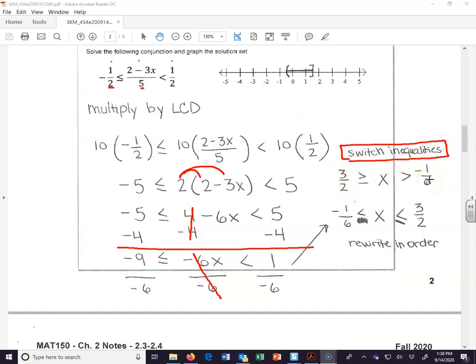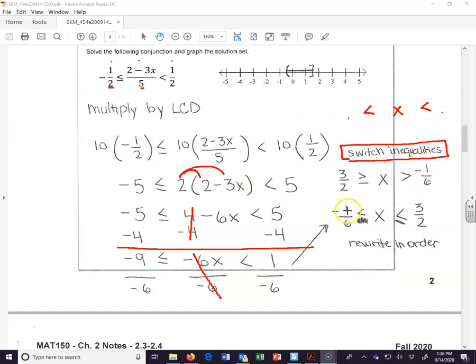But typically, we want our inequalities to get bigger from left to right. So we want a smaller number on this side and a bigger number on this side. So we're just turning this whole thing around, rewriting it from smallest to largest.